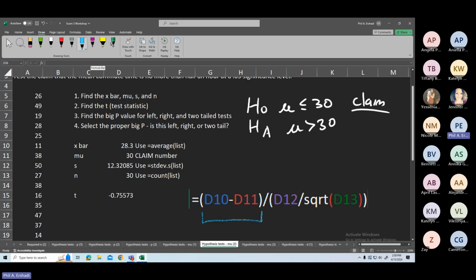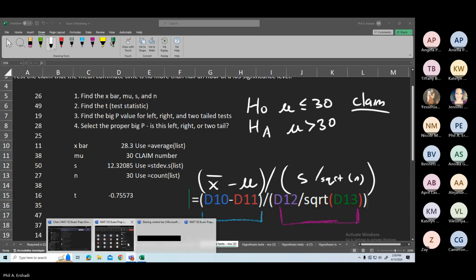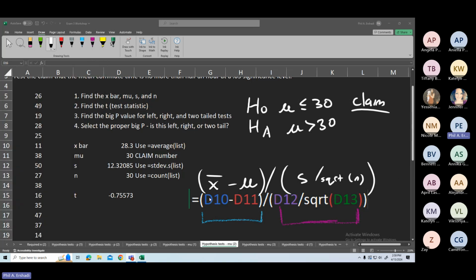You can think of the first part as x bar minus mu, and it's going to have its own parentheses. Then slash, then a new parentheses. That's going to be the second part. And then you'll say s over square root of n. Yeah, I think you knew there were more parentheses in there. It's just hard to type it in all at once.